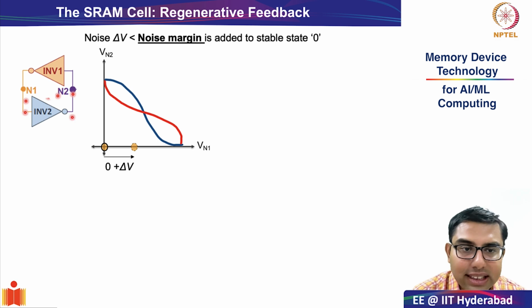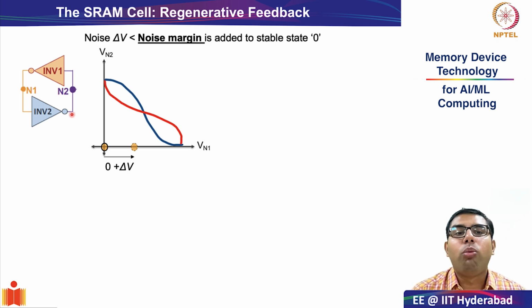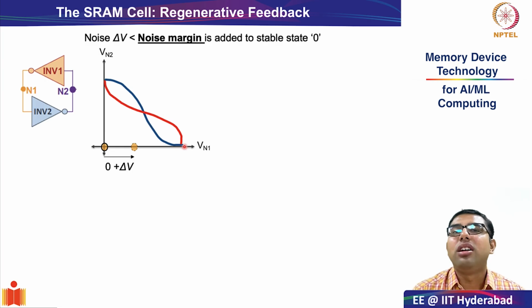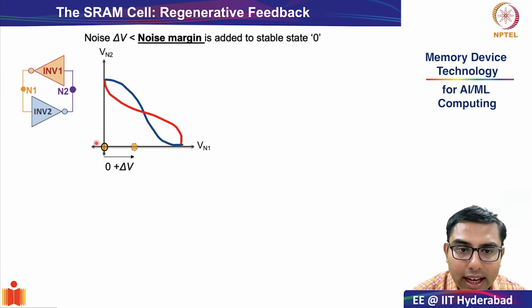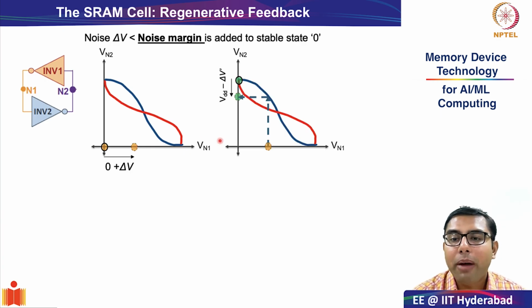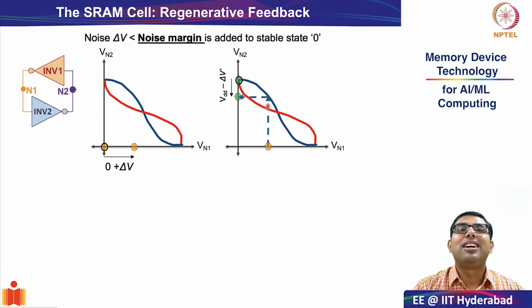Since we have to consider what is happening at inverter 2 and we have color coded the two loops, we have to look at what is happening in the blue curve. Okay. So if the input is disturbed by delta V, what happens to the output? And that we do by projecting your input on the blue curve.